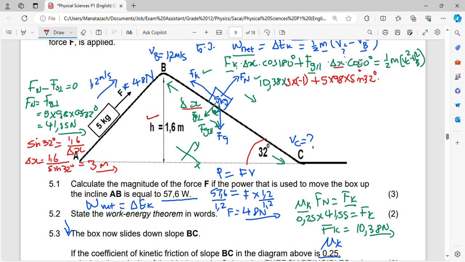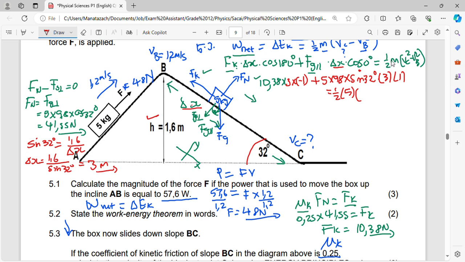Don't forget about change in x. Change in x, we've calculated it to be 3. Cos of 0 is 1, right? Now for the sake of space, let me move the equal sign over here. That will all be equal to 1 over 2, and then the mass is 5.